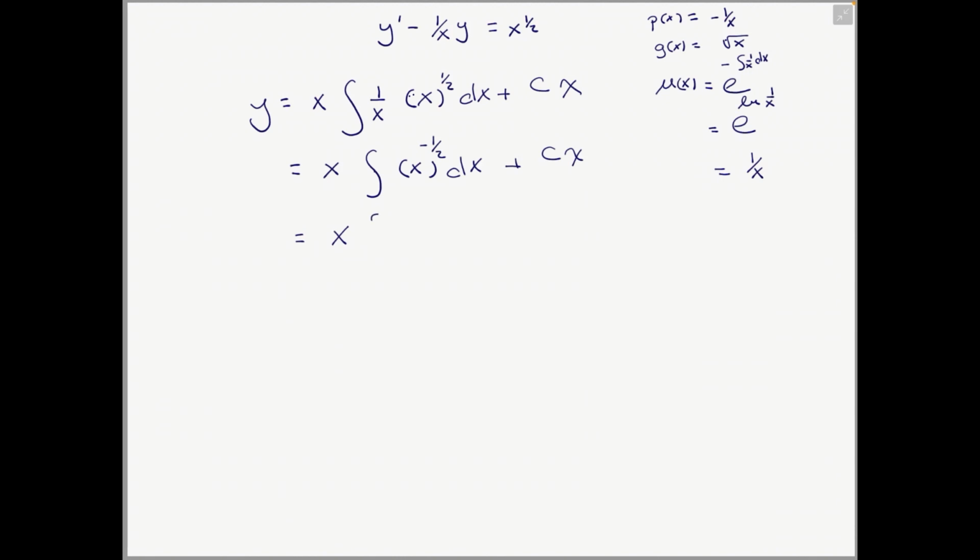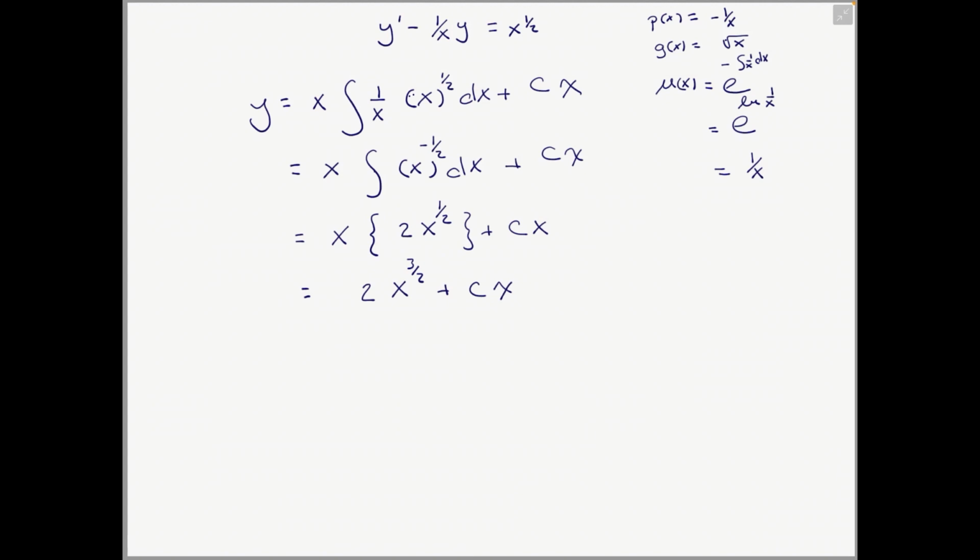What am I doing there? I don't want that. I want that. Okay, so this is equal to 2 x to the 3/2 plus c x.